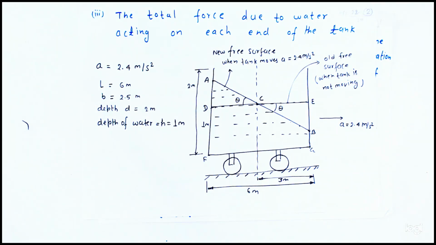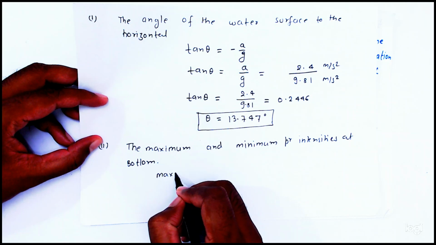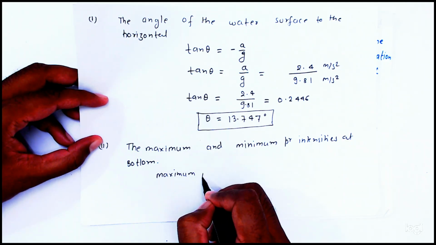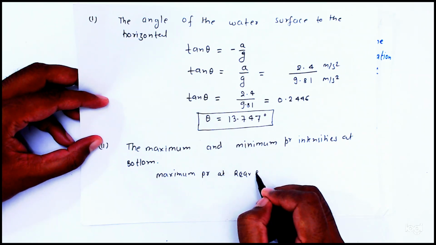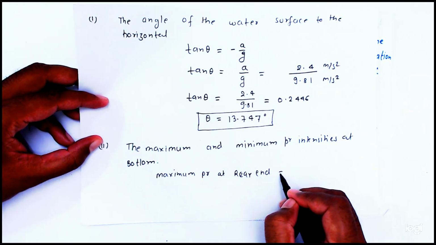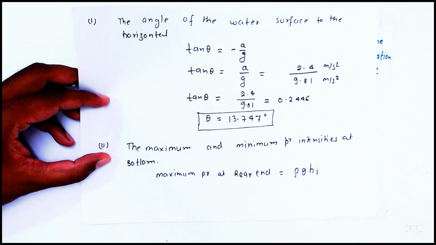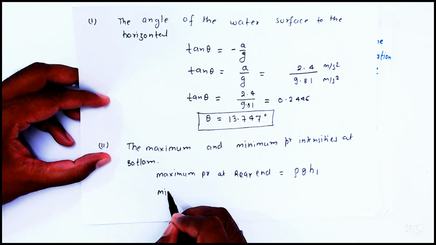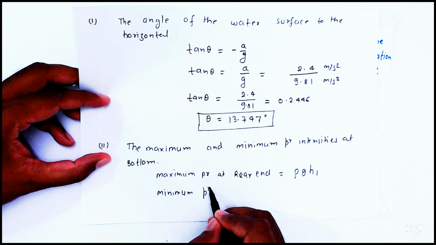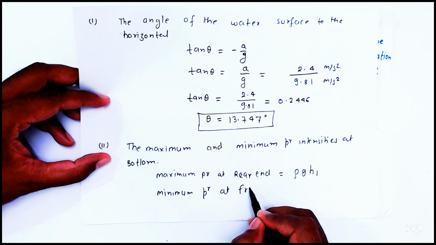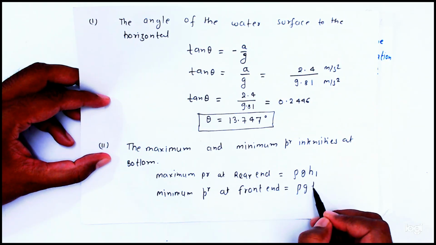So where will the maximum pressure be, friends? Maximum pressure at the rear end, and it is equal to rho g h1, and minimum pressure at the front end equal to rho g h2.